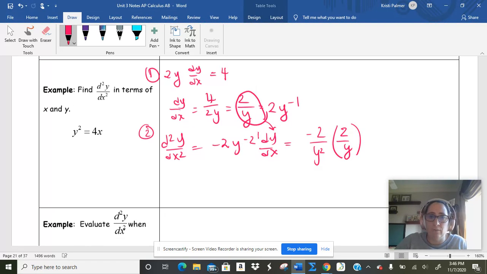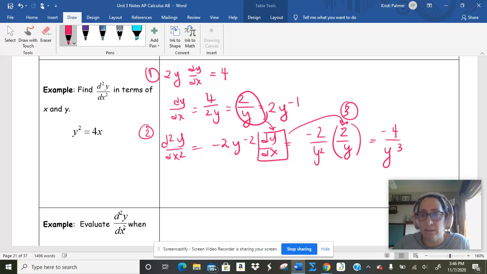So that's plugging in for dy/dx what we know it is. So this would be negative 4 over y cubed. That was step 3, plugging in and getting it by itself. So overall, the second derivative is negative 4 over y cubed.